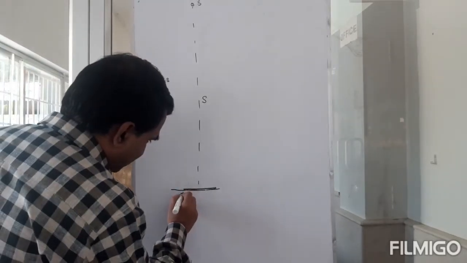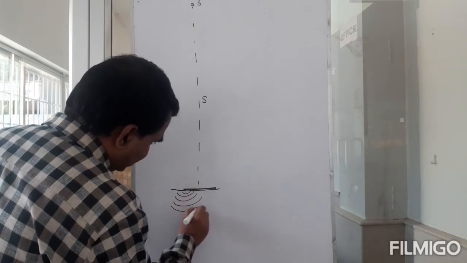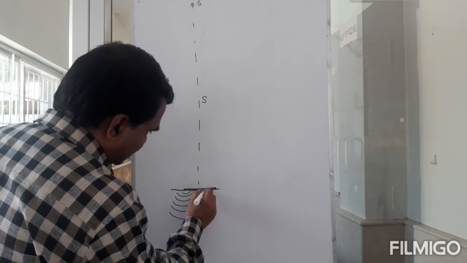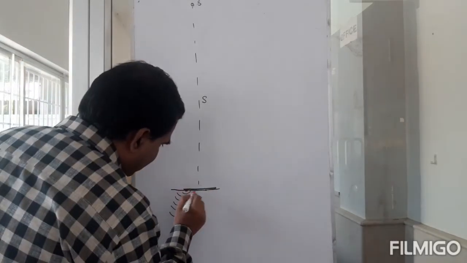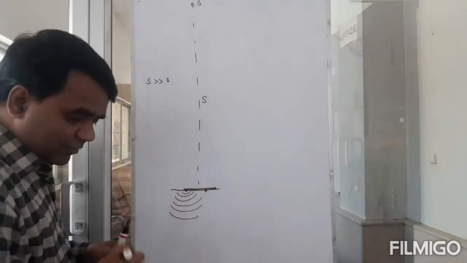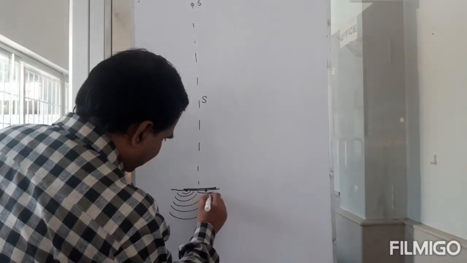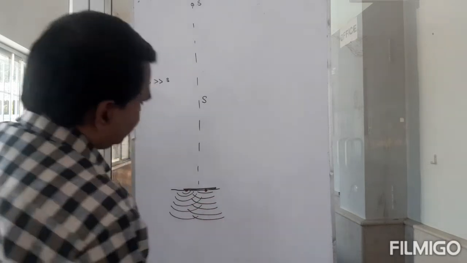So at this point it's going to produce waves like this. And this point will also produce a wave. And they are in phase, right? It's a single wave. So you see, now we can see an interference pattern.